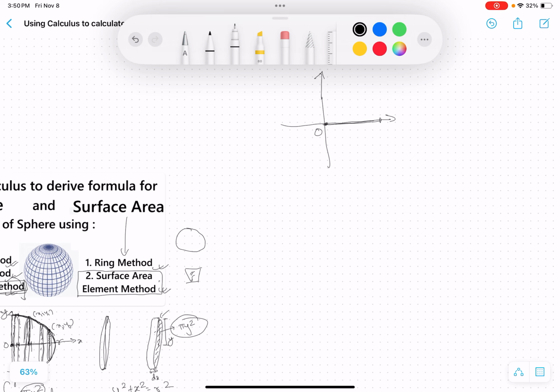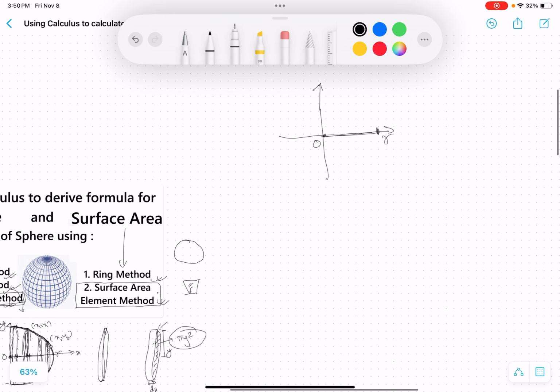And while we are going from 0 to r, let's say this is our 2D circle, which is defined by y square plus x square equals r square.